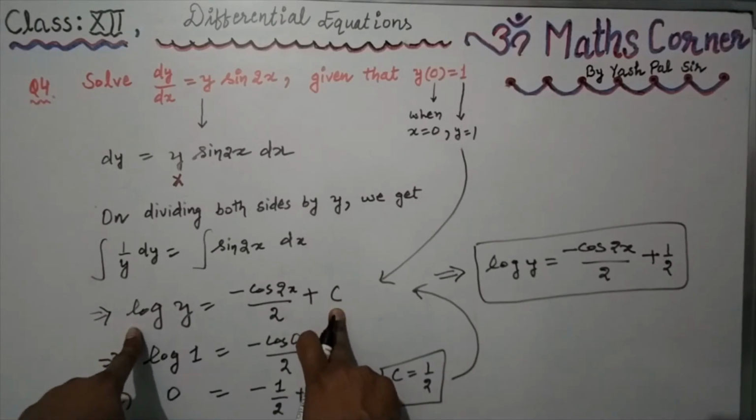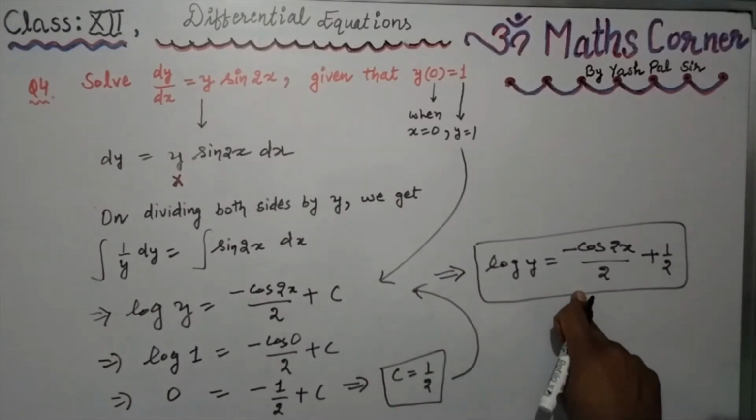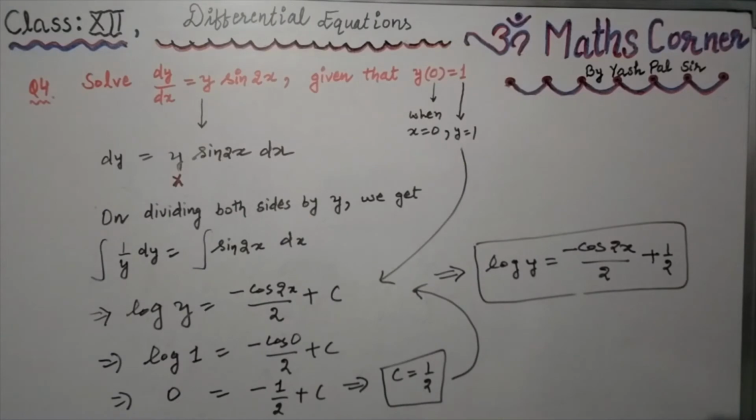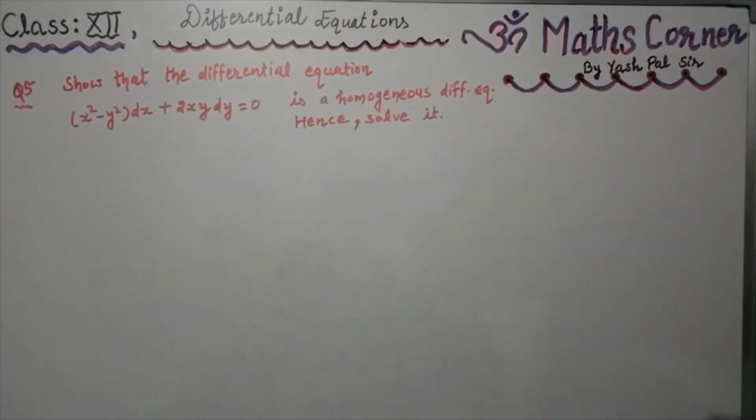So the solution with c is called the general solution, and when we apply this condition, this result is called the particular solution of the given differential equation. I am once again mentioning that in this video we are going to discuss only very important questions, important from the examination point of view, on the basis of previous CBSE board examinations.